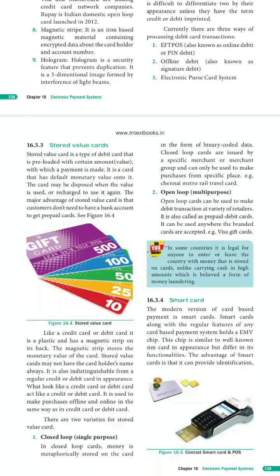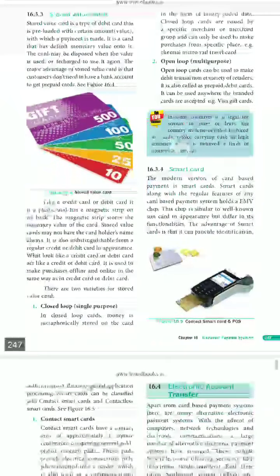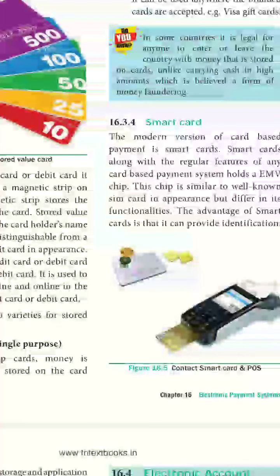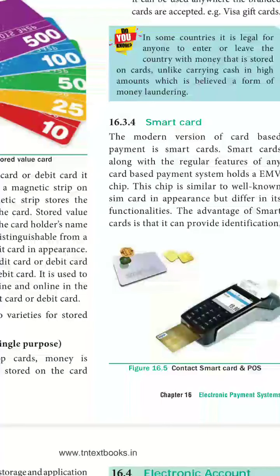When you finish the transaction, you can remove it, and the usage cost will be debited at the end of the service. So this is the stored value card, and you can also see that the smart card is available. Nowadays our ration card is converted into a smart card, with a reader, and the smart card is provided at the issuing date.